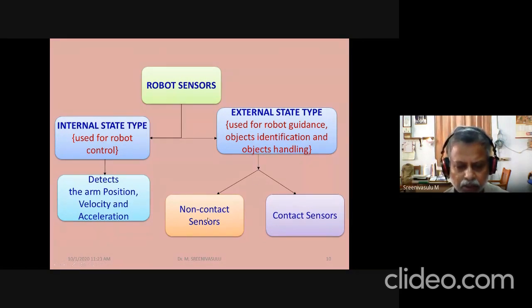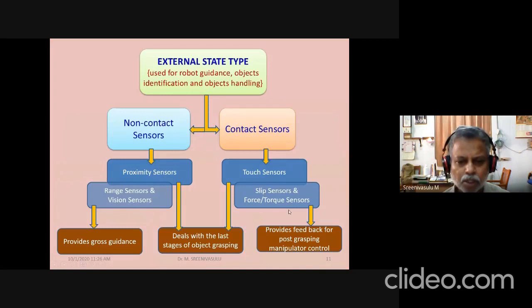Under this, you have got non-contact type and contact type. Under non-contact type, we are going to get proximity sensors, range sensors, and vision sensors. Then under contact type, we are going to get touch sensors, slip sensors, and force and torque sensors.